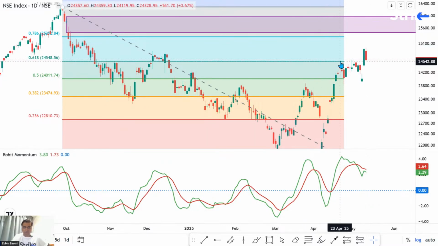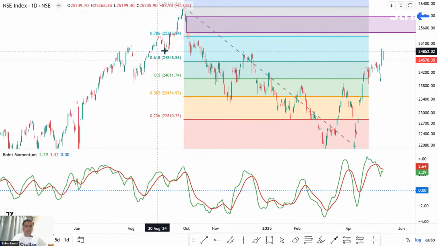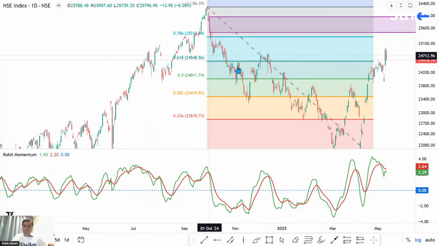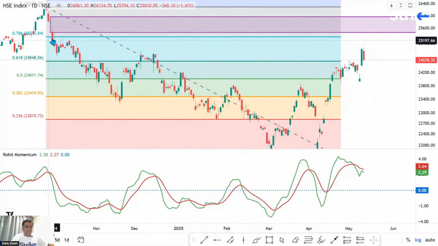So this 61.8% retracement, which is at 24,550 levels, will act like an immediate support level for the market, and it would try to reach the next Fibonacci level, which is somewhere around 25,300 odd levels, which is again coinciding with this gap area.